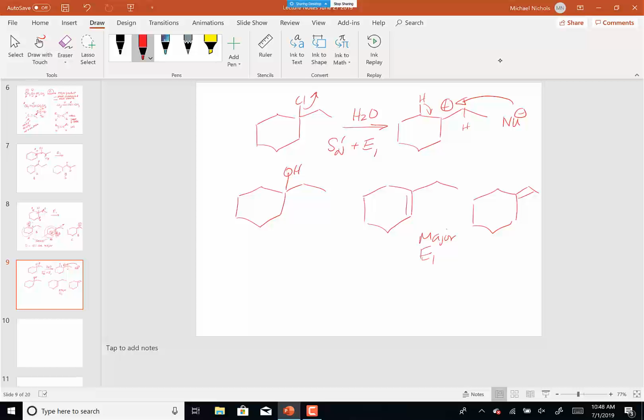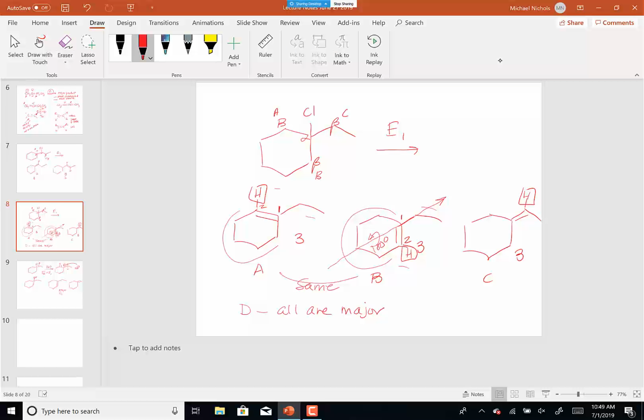So we're going to treat E1 here as a side reaction. If I want to make the double bond, there's a better way to make the double bond. So E1 is going to kind of be our side reaction here. The only time I'm going to ask you to write the product as only E1 is if I give you a reaction and I put E1 over the arrow; then I want you to write the E1 product.